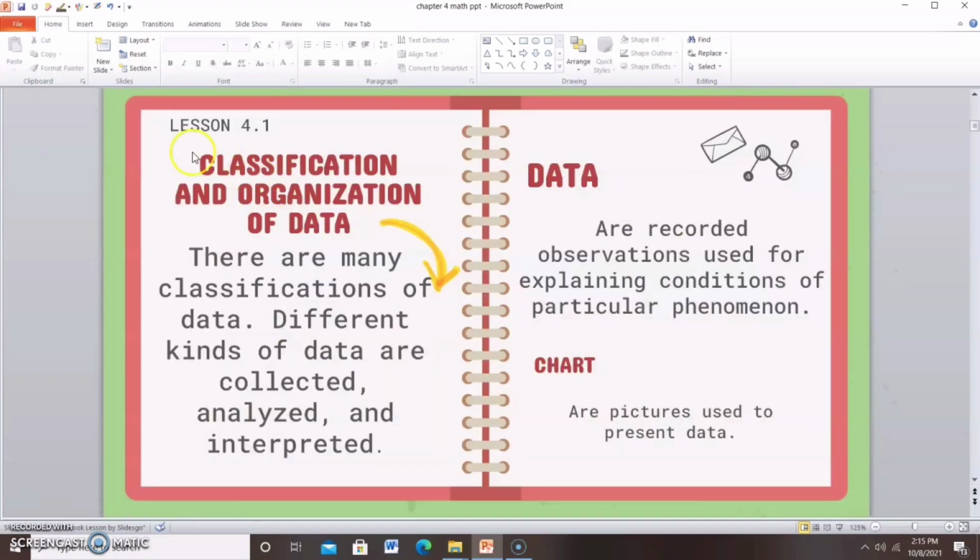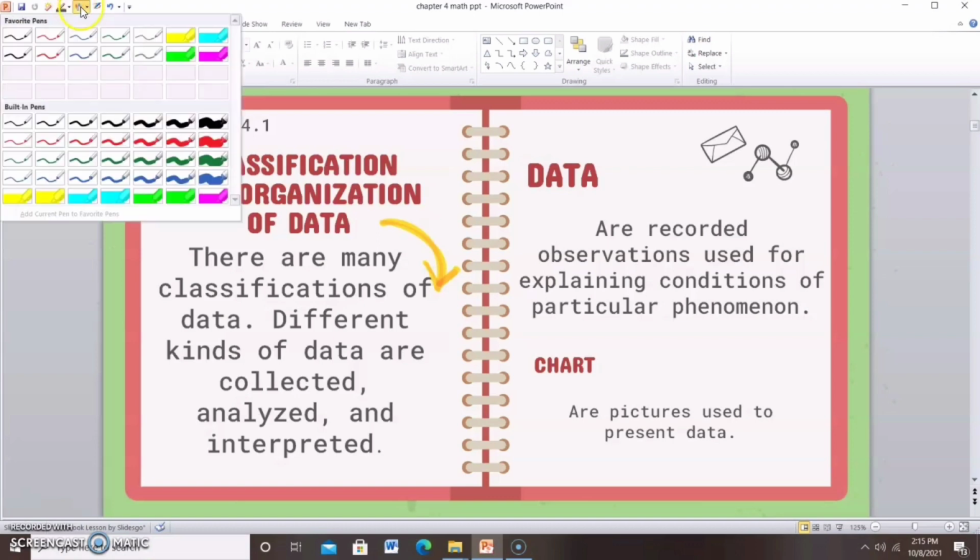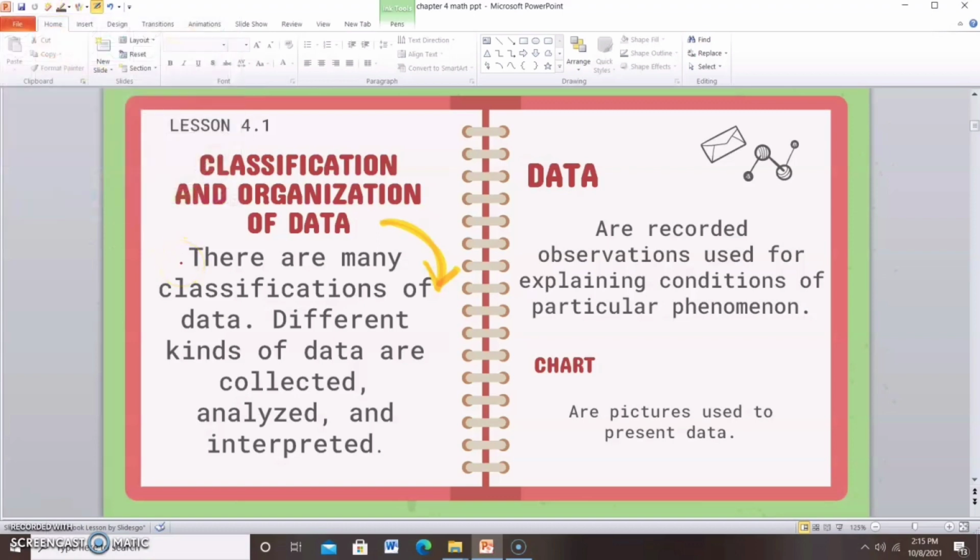So, one of the first topics in statistics and data is classification and organization of data. There are many classifications of data. Data are collected, analyzed, and interpreted. Data are recorded observations used for explaining the condition of a particular phenomenon.